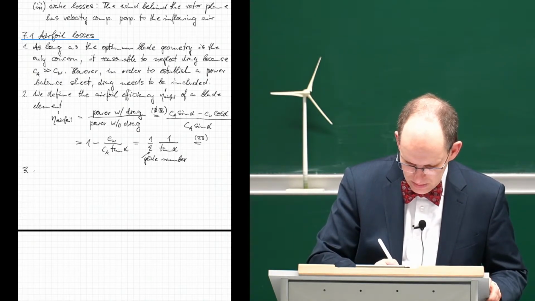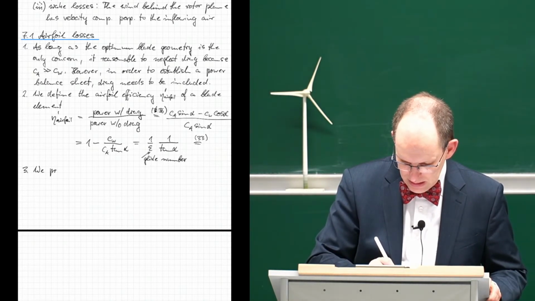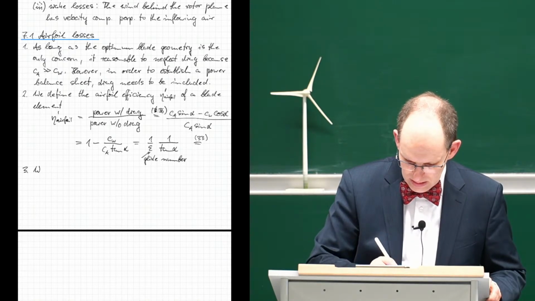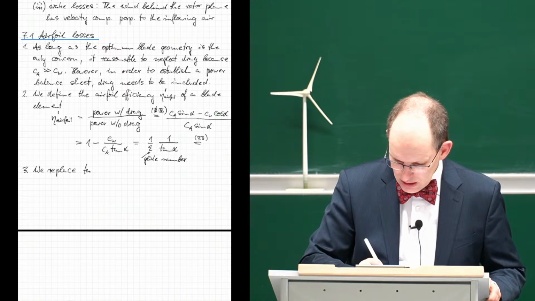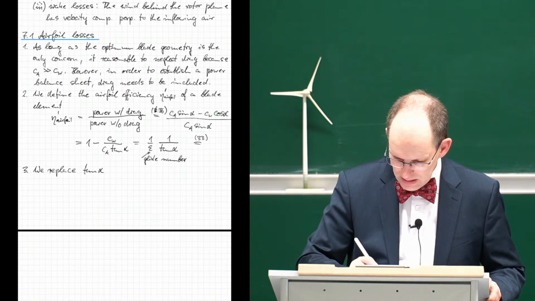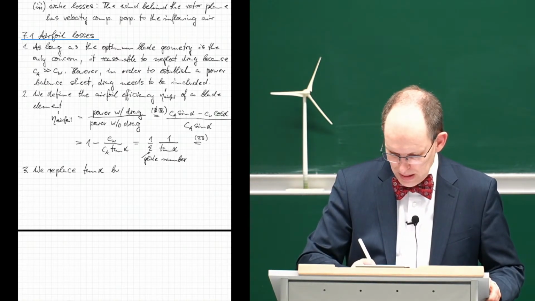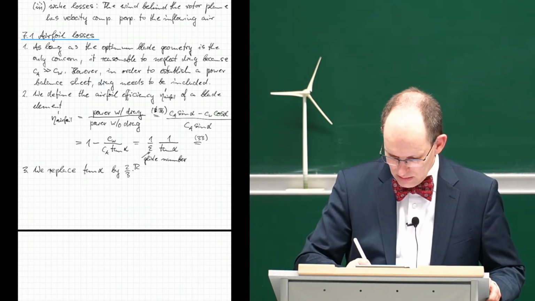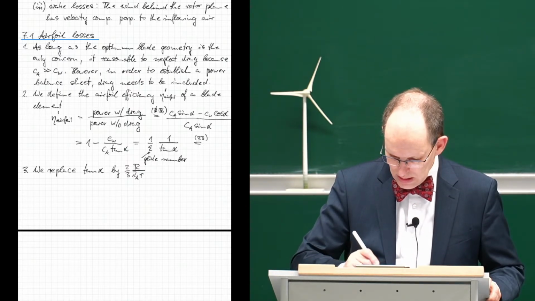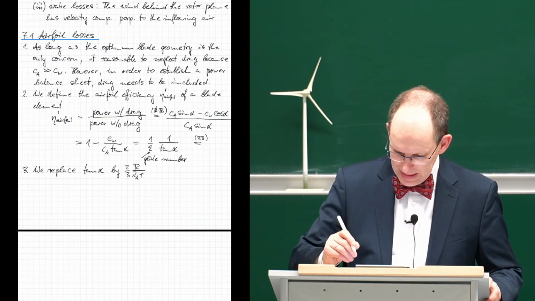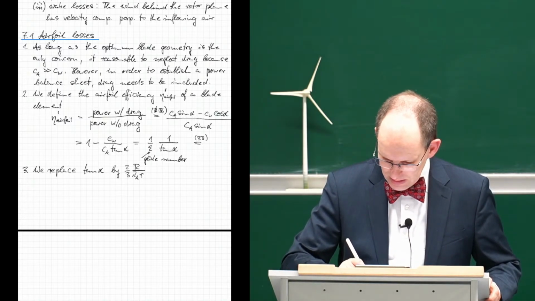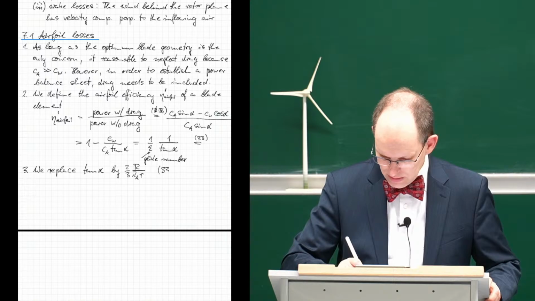So we replace tangent alpha by 2/3 of the radius of the windmill divided by the design tip speed ratio times R, which is equation 33, right?